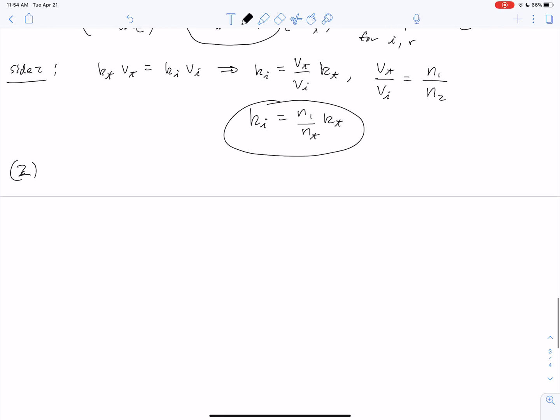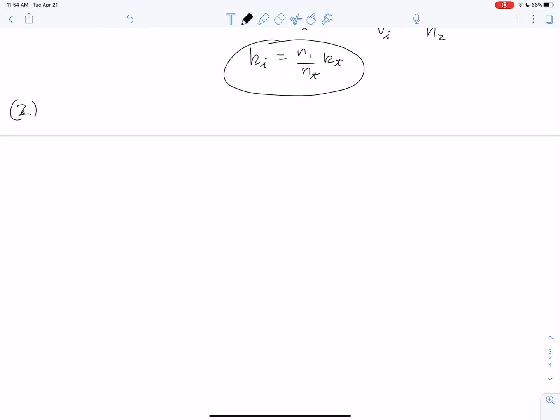Another thing we notice from that equation is that if we look at it, let's consider the equation at the interface for r not equal to 0, where r is parallel to the interface.